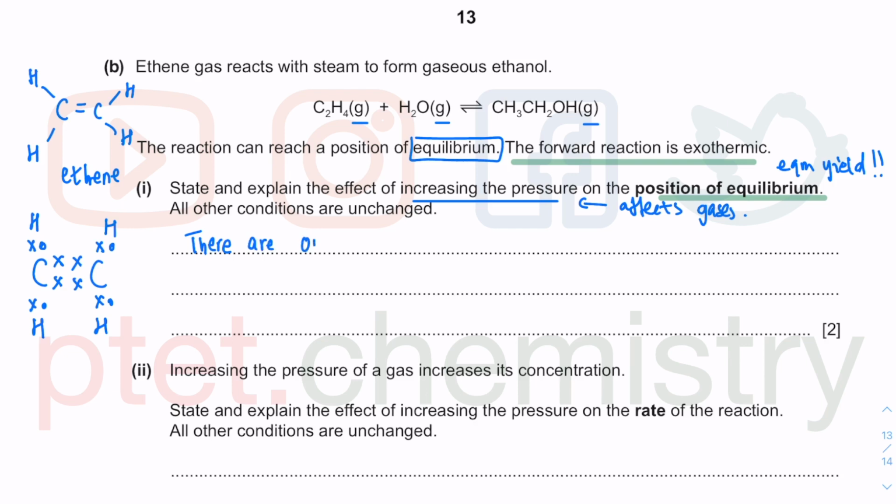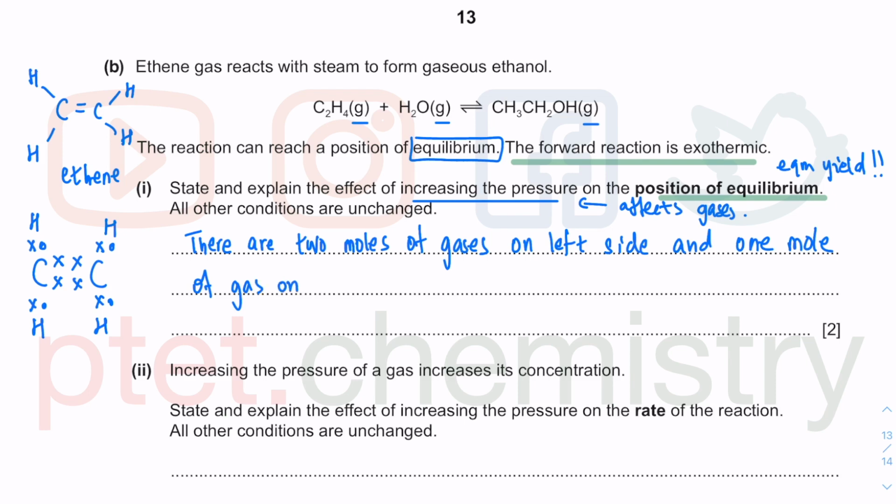So there are 2 moles of gases on the left. There is 1 mole of ethene, and then there is 1 mole of steam. So 1 mole and 1 mole, gas and gas. So 2 moles of gases on the left side. And then there is only 1 mole of gas on the right side.